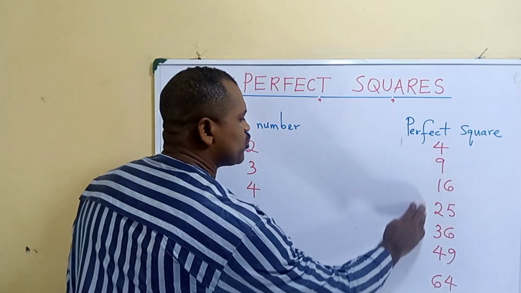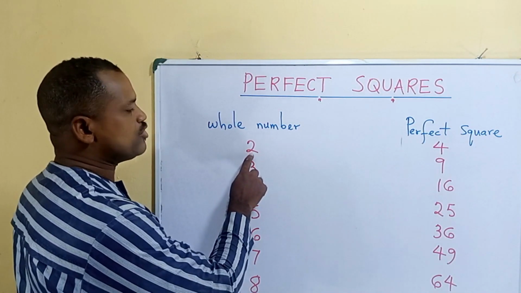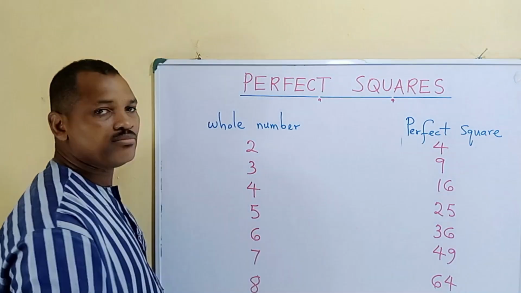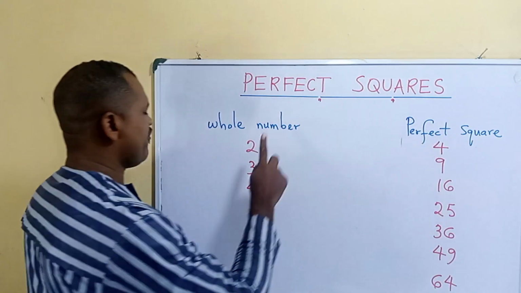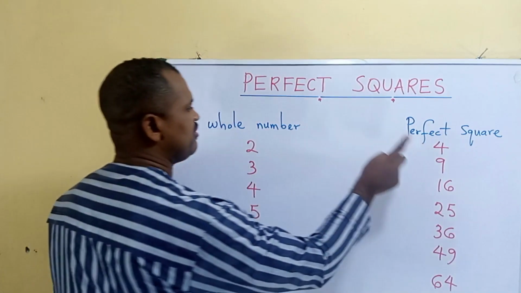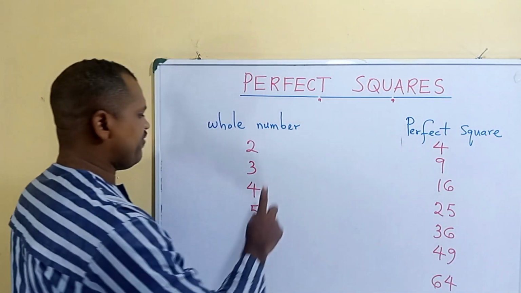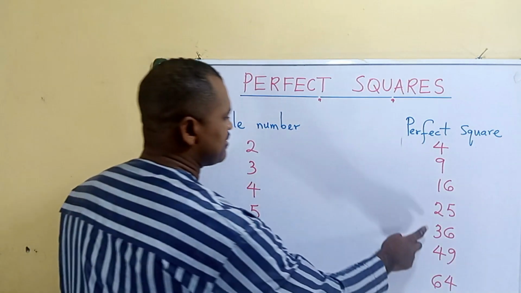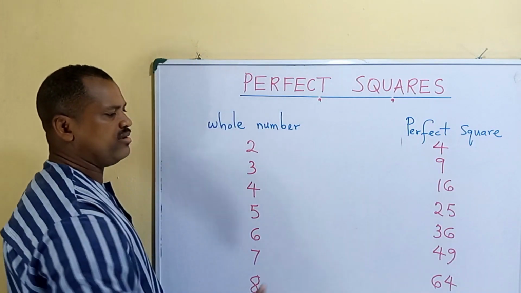They are all perfect squares because you multiply a whole number by itself to get them. If you multiply 2 by itself, it will give you 4. If you multiply 3 by itself, it will give you 9. If you multiply 4 by itself, 16. 5 by itself, 25. 6 by itself, 36. 7 by itself, 49. The list goes on.